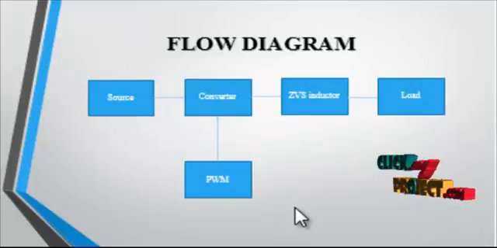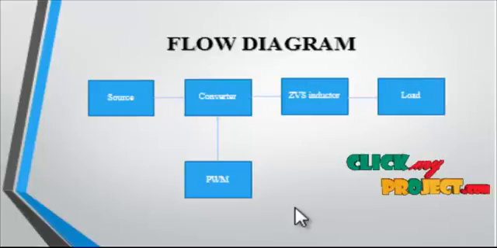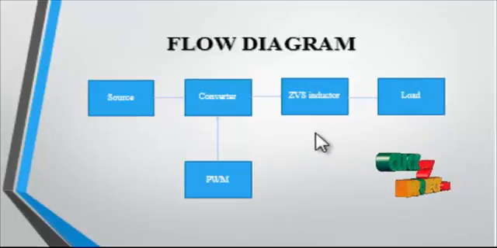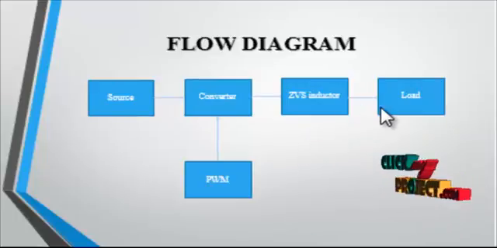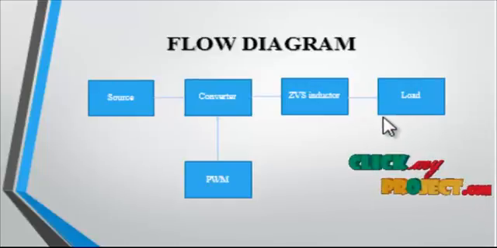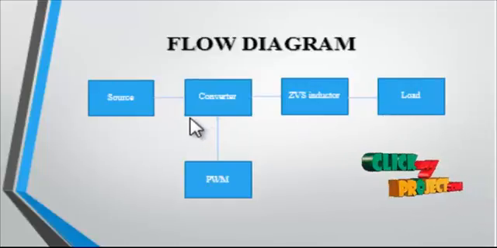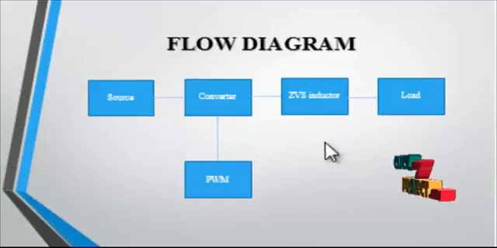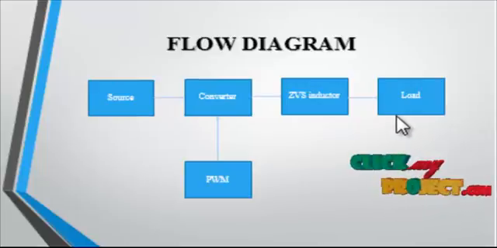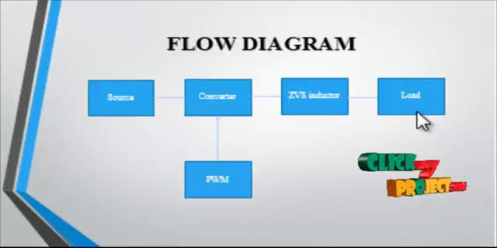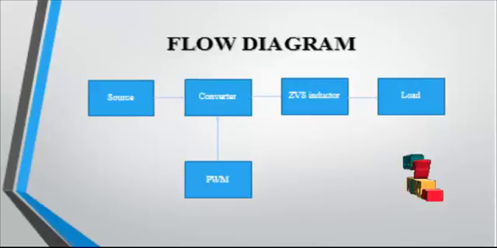This may be seen by the presence of lossless resistance in the equivalent circuits. So we are using the load. What type of load are we using? Some resistance value we are giving as the output load.